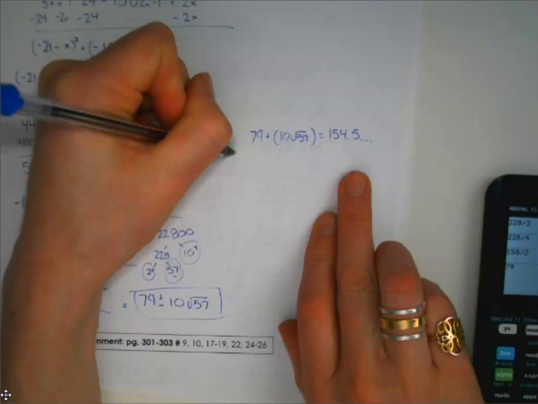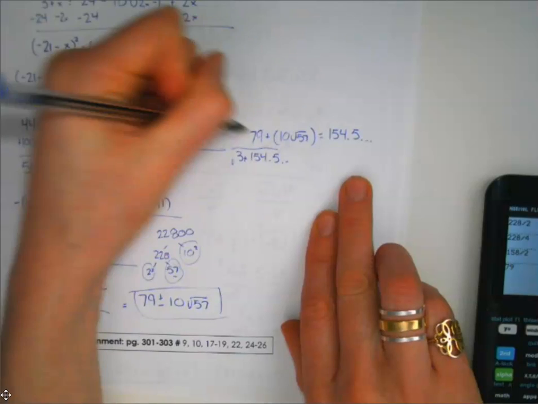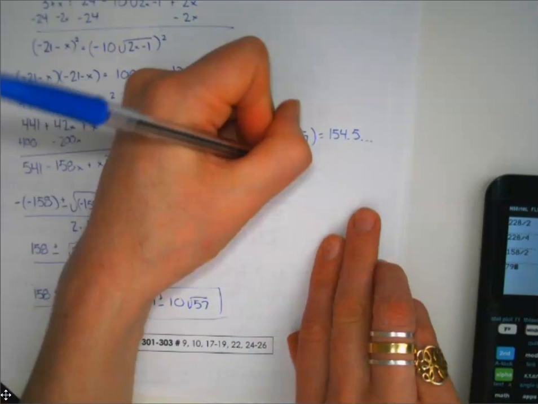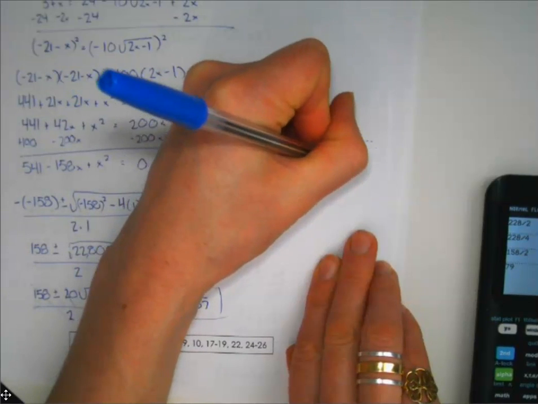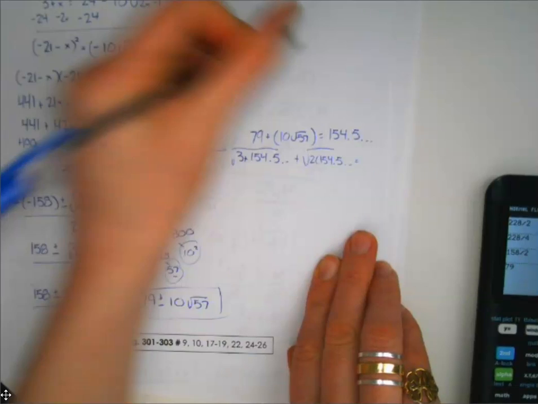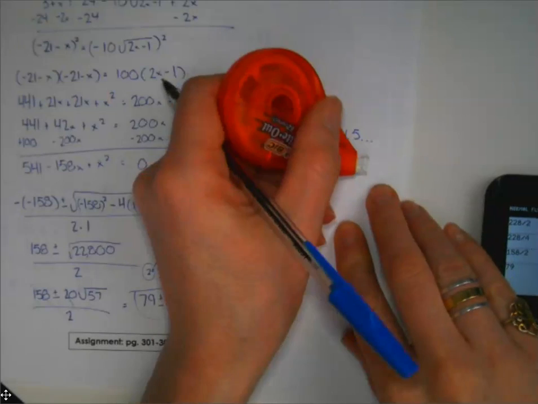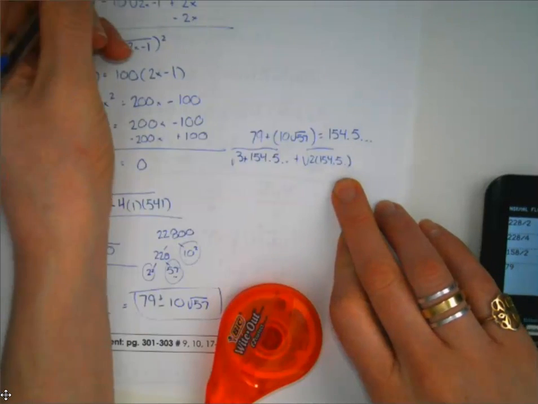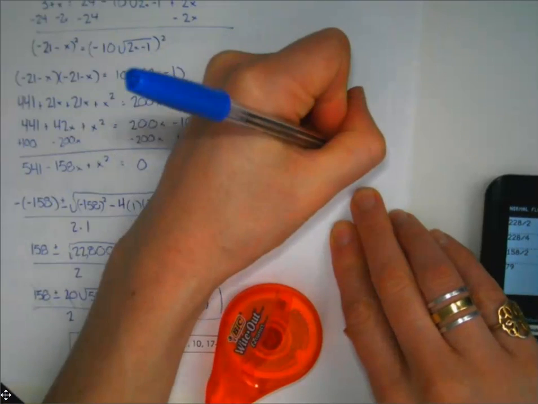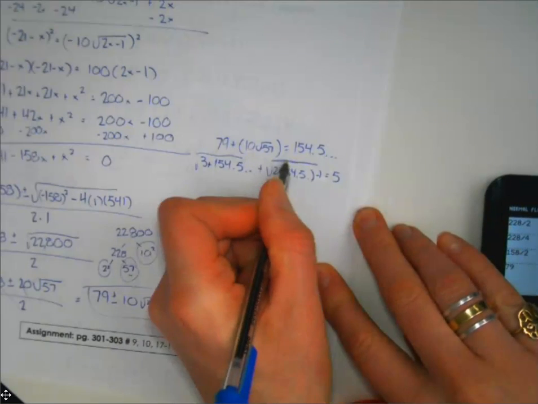So 3 plus 154.5. Remember to use the full decimal always for your calculations, plus root 2 times 154.5 minus 1. Sorry guys, I lost my place.